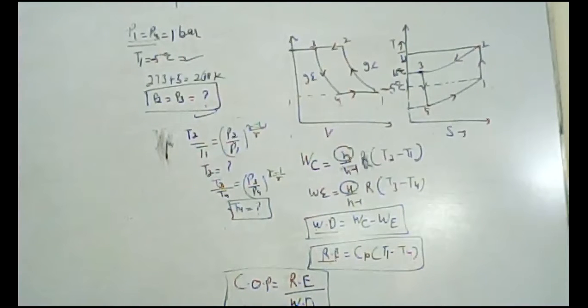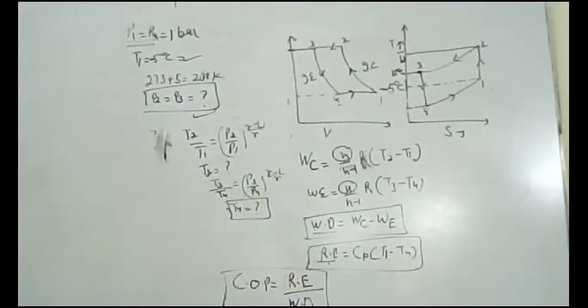Now next, what is the work done during the compression process? That will be equal to n upon n minus 1 into R into (T2 minus T1). And work done during the expansion process will be equal to n upon n minus 1 into R into (T3 minus T4). So net work done is the difference of both the compression and expansion processes. The refrigeration effect, how much heat is extracted, will be equal to, at constant pressure, Cp into (T1 minus T4).